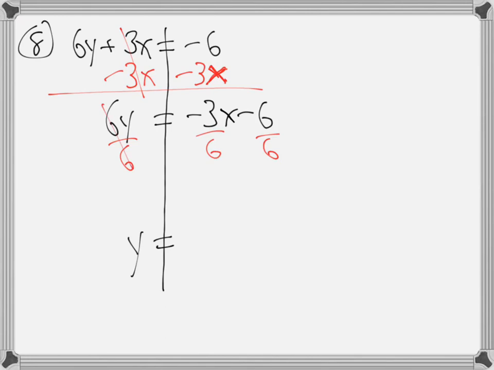Now, this fraction can be reduced, can't it? We always reduce fractions. What do you do with 3 divided by 6? That's a half. Is everybody good with that? 3 goes into 6 2 times. Or you could say I divided them both by 3, left a 1 on the top, left a 2 on the bottom.